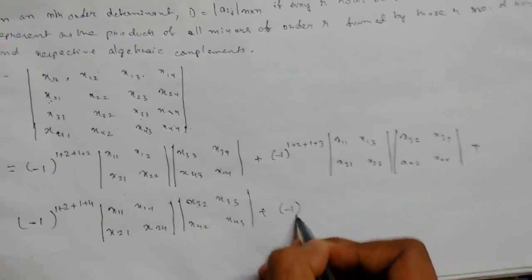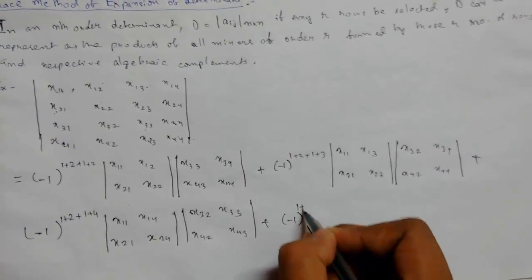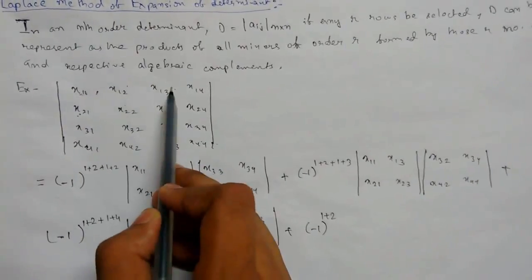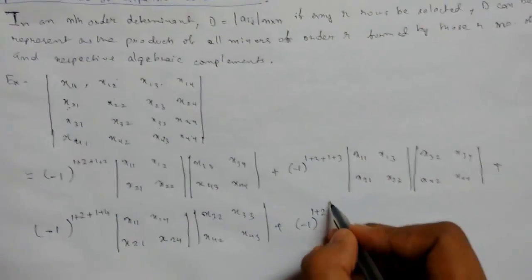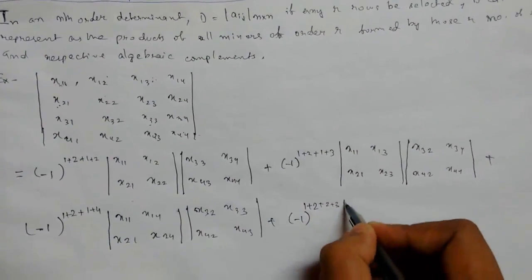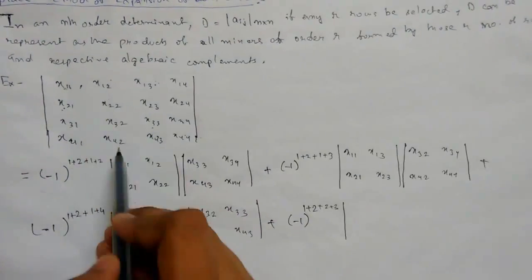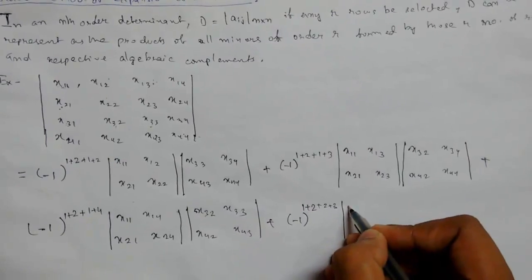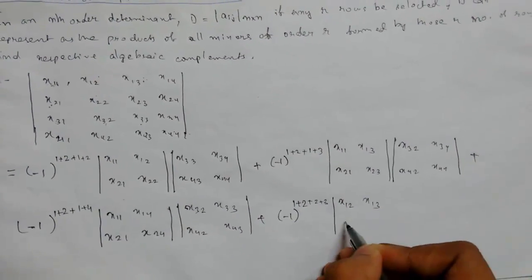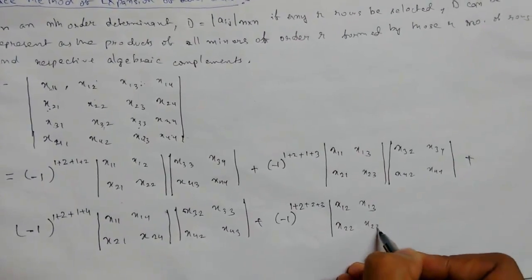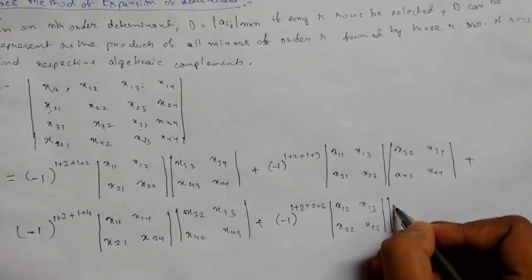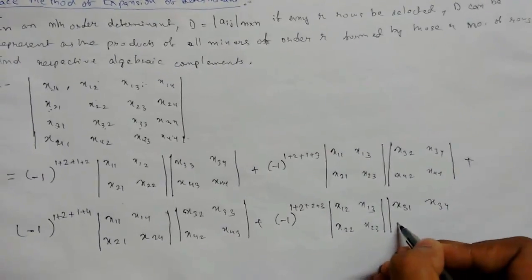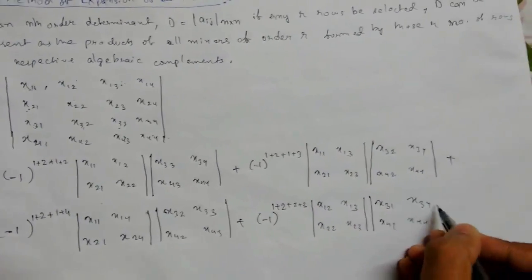Now similarly, these rows are fixed, so now we will take columns 2 and 3. So this will be 2 plus 3, and similarly eliminating these 2 we get these 4 elements. First we'll write the original: x12, x13, x22, x23. Now this will be x31, x34, x41, x44.